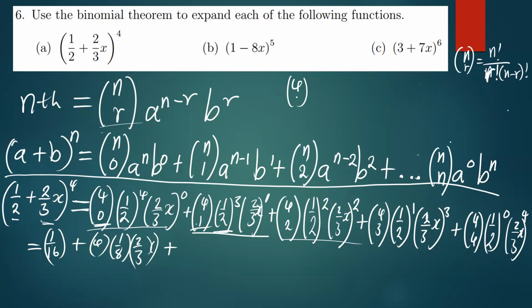Okay, so we're trying to solve 4 choose 2 here. So we have 4 choose 2 there. And 4 choose 2 can be simplified as 4 factorial, following this formula there. This one is 4 factorial over 2 factorial, then 4 minus 2 factorial.